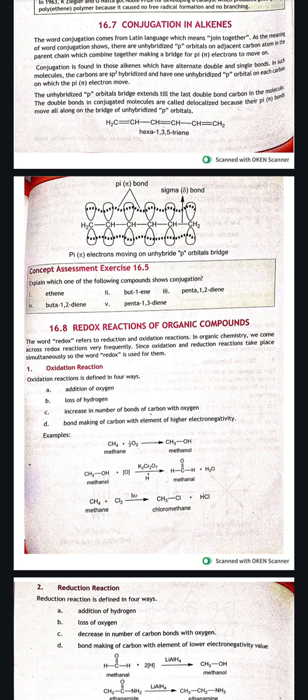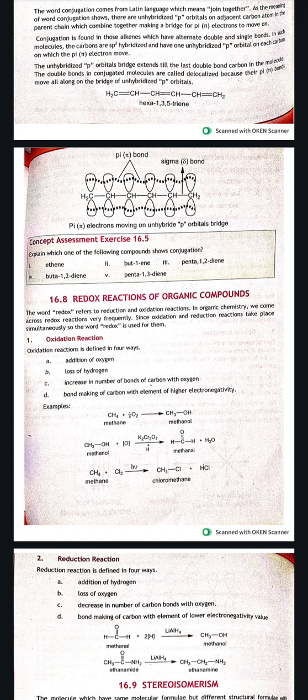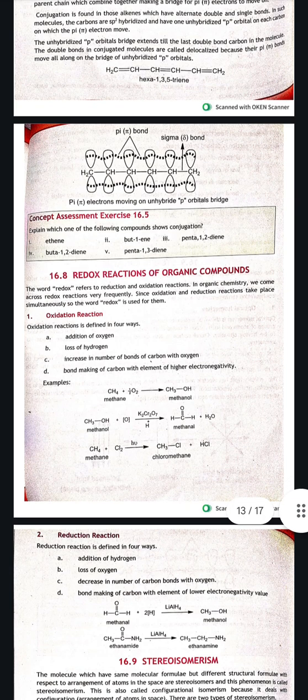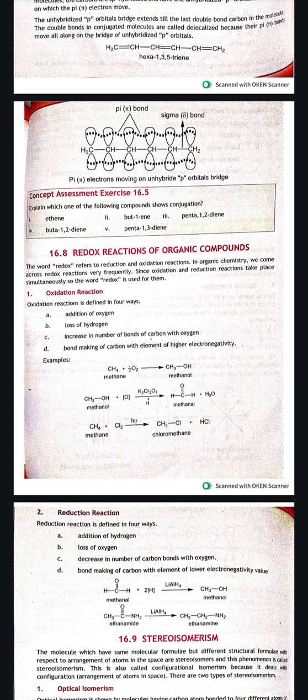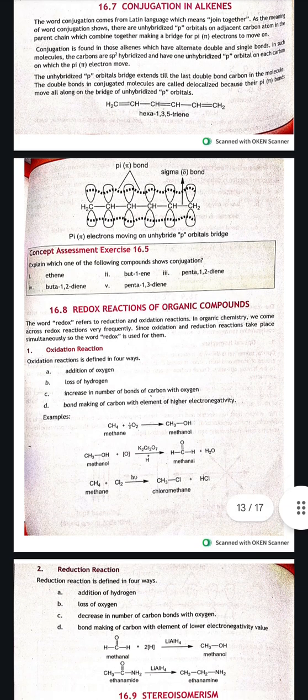In such molecules, the carbons are sp2 hybridized and have one unhybridized p orbital. The unhybridized p orbital bridge extends till the double bond carbon in the molecule. The double bonds in conjugated molecules are called delocalized because their pi bonds move all along the bridge of unhybridized p orbitals. Hexa-1,3,5-triene. So this is an alkene.